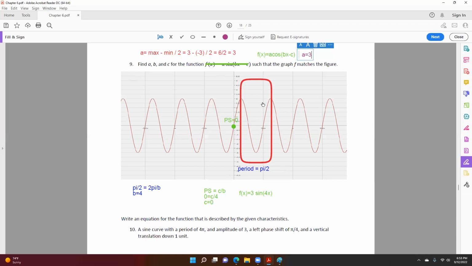Usually this is not fully given, but let's say this is pi over 2, pi over 4, this is pi over 8, I believe. Again, usually they will give you what that number is.